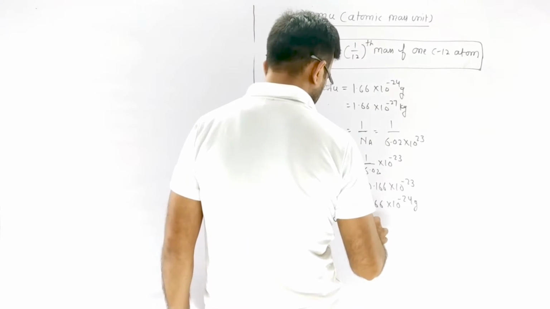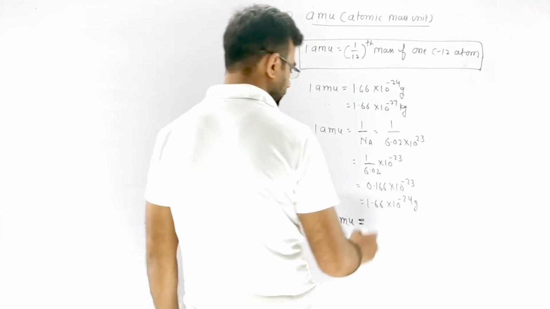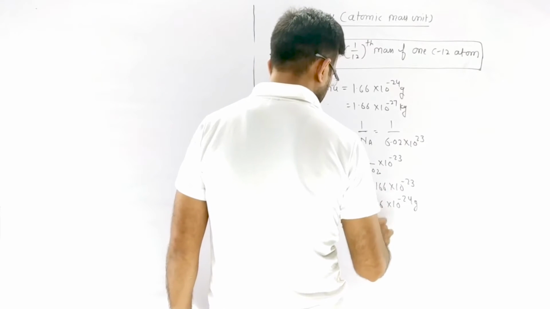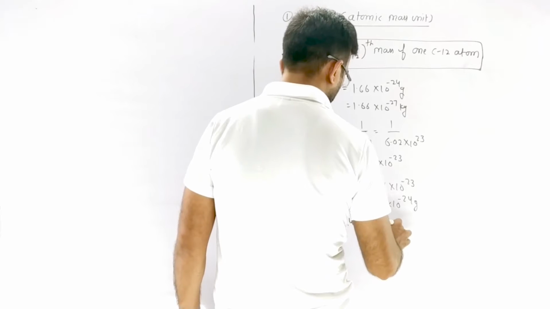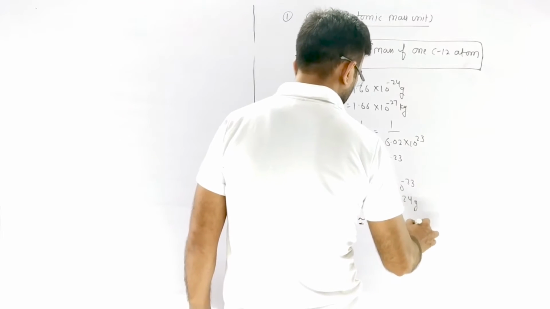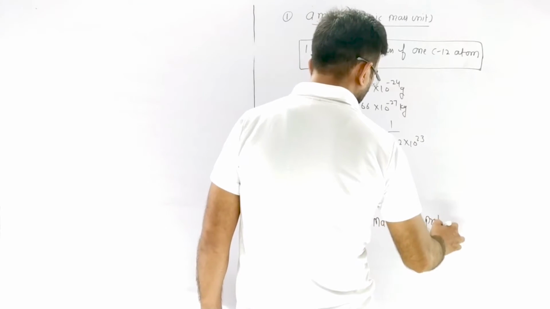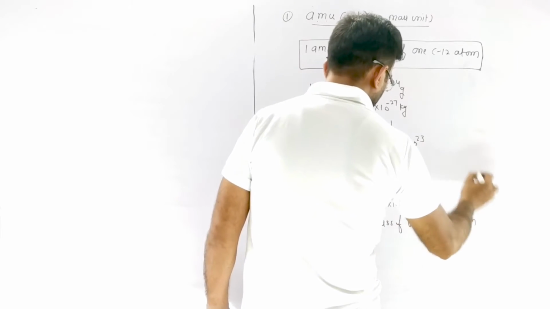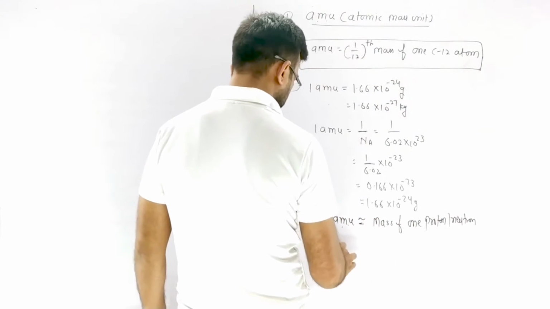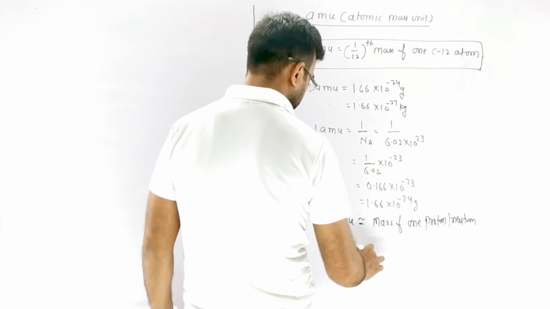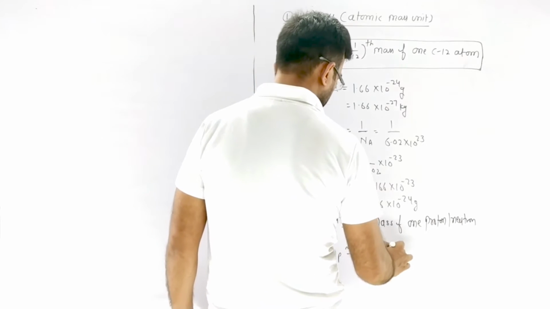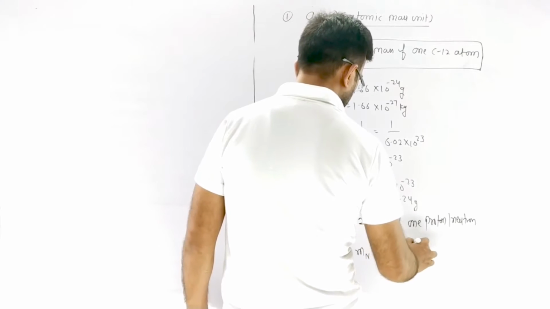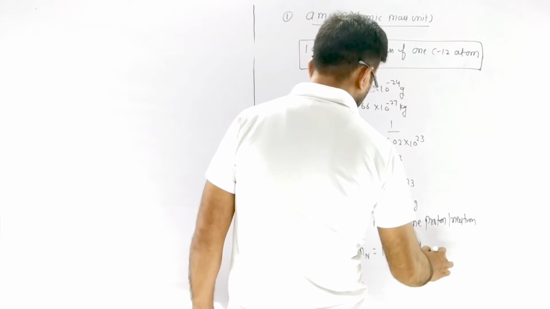One easy method for remembering the 1 AMU value is that this value is approximately equal to the mass of 1 proton or neutron, because we know that the mass of a proton is approximately equal to the mass of a neutron, and this value is 1.67 into 10 to the power minus 24 gram.